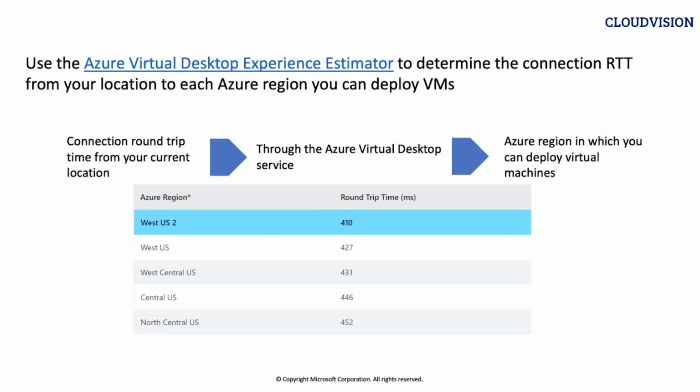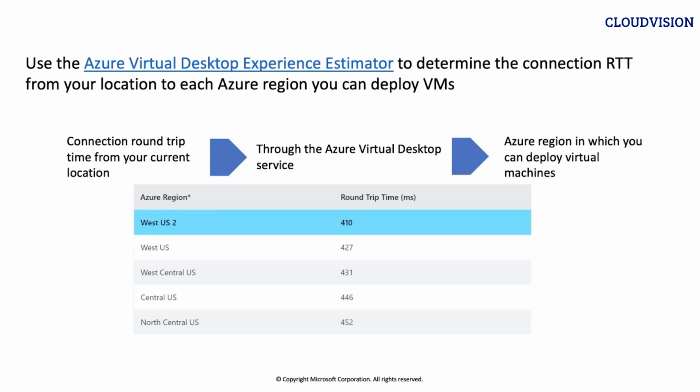These are the different decision factors based on which you pick and choose, saying, okay, this is going to be my primary region, and this is going to be my secondary region, the DR region, where the workloads run. We are talking about the virtual desktop. What does it use at the backend? The session host, and the session host itself is a VM. Here it's not only the VM, it can be any kind of resource. So the decision of the region is important because the planning and decision making is very, very critical.